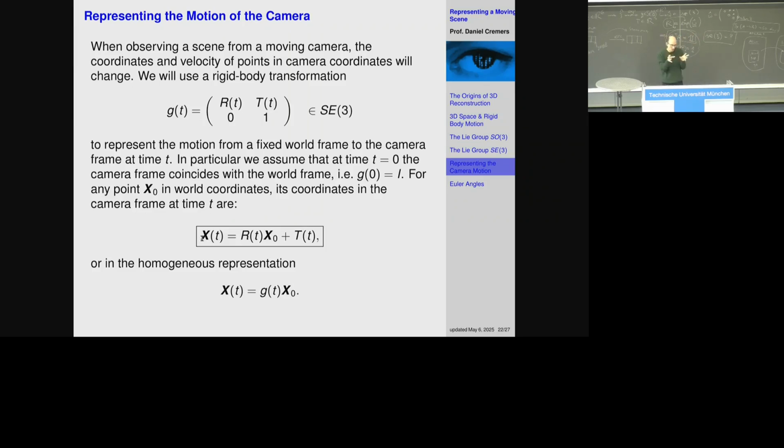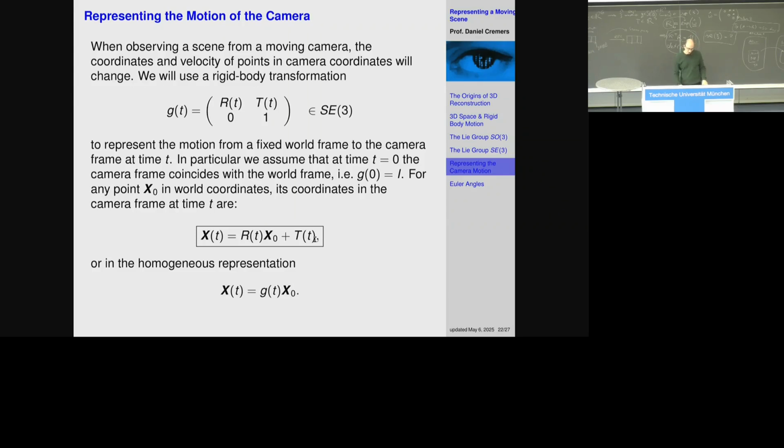That is the world relative to my camera, where I have an origin, let's say, in the center of the camera, and a z-axis that points in the viewing direction, etc. So I have a coordinate system that moves around with the camera, and then I can ask, what are the coordinates of a point x0 once I observe it from a different camera vantage point with a different coordinate system? And the difference in coordinates is just given by a rigid body motion, right? That is a rotation and a translation.